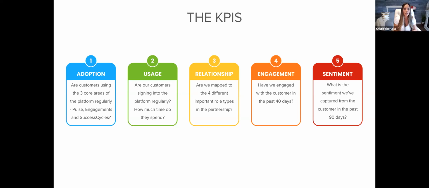The next one is tied to usage. So I want to understand, are my customers logging into the platform regularly? And if so, how much time are they spending? Now, again, I said this might not make sense for everybody because everyone's platform and use cases are different. But for me, we're managing our customers in a high engagement model, which means we're on the platform all day, every day. We live in it the way salespeople should be living in Salesforce or their CRM.